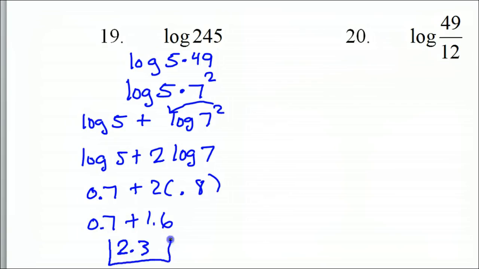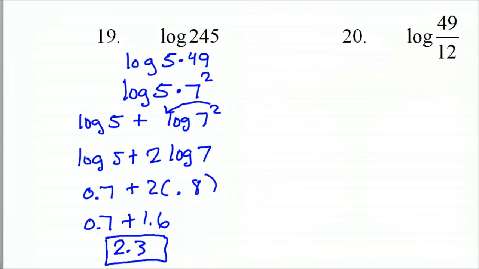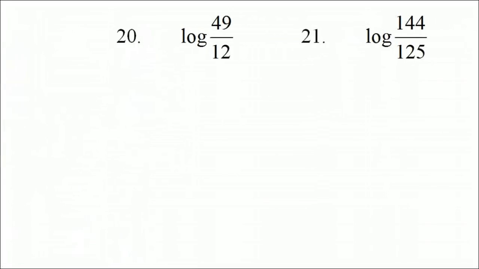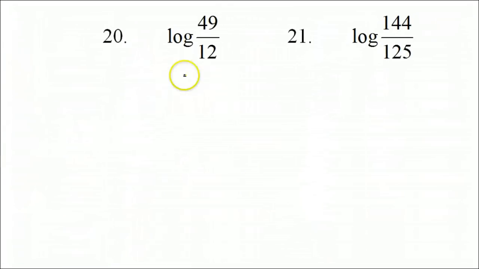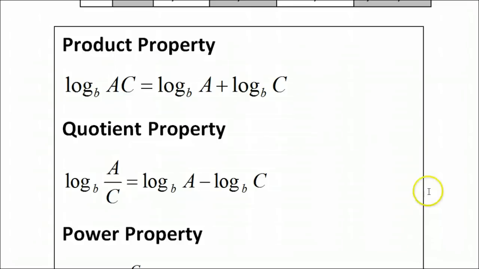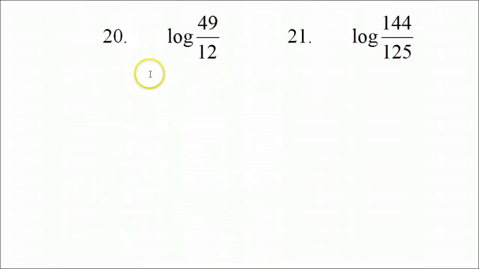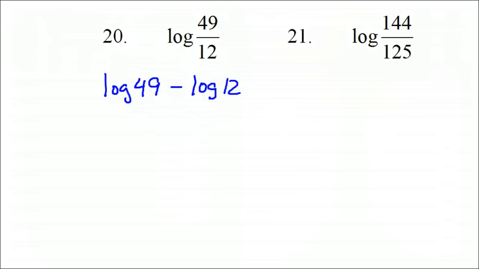All right, now number 20. This is division, so we can use the quotient property and turn this into a subtraction problem. So this would be like having log of 49 minus the log of 12. Now 12 is already good because that's one of the numbers that we're given.